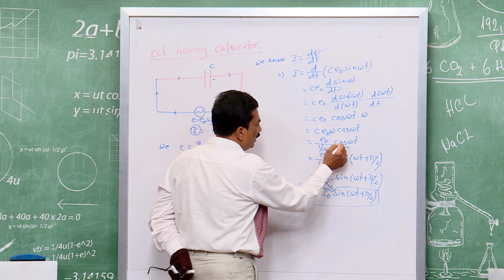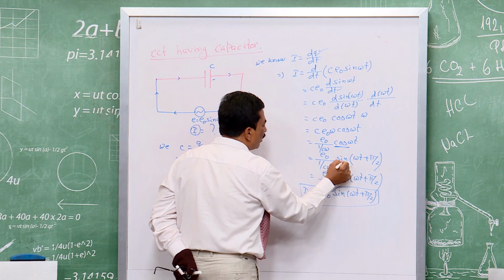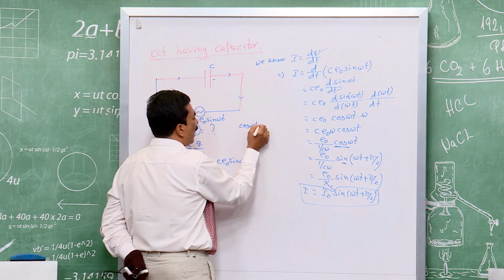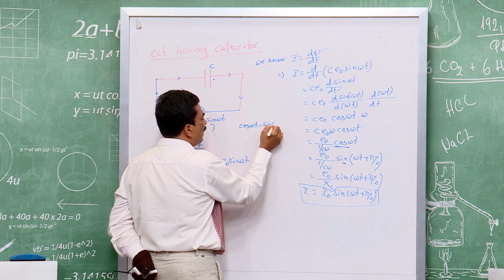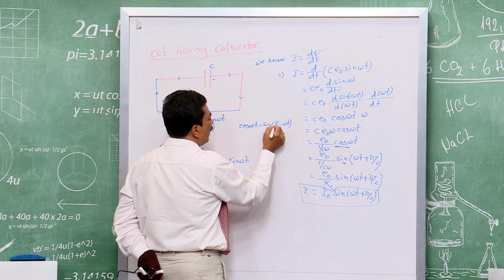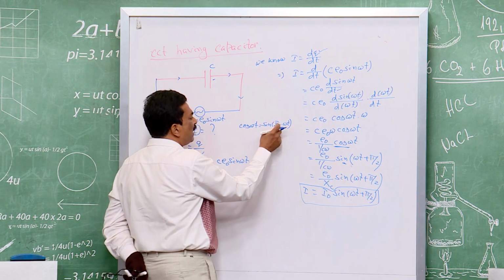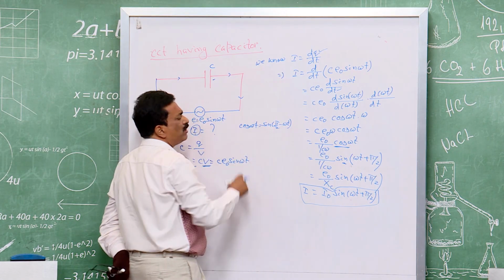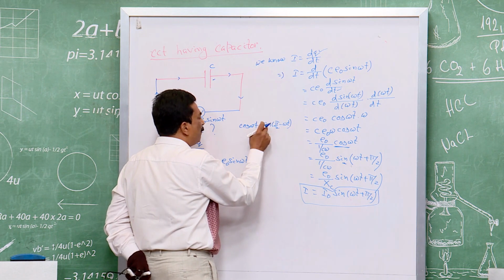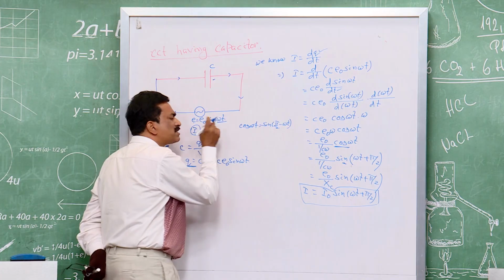Sir, if it is sin omega t plus pi by 2, why have you not put cos omega t as sin of pi by 2, 90 minus theta? When you take sin 90 minus theta, that is also equal to cos theta. It came in the form of sin, but the sin with omega t is how it started.